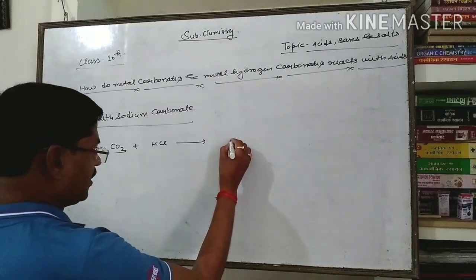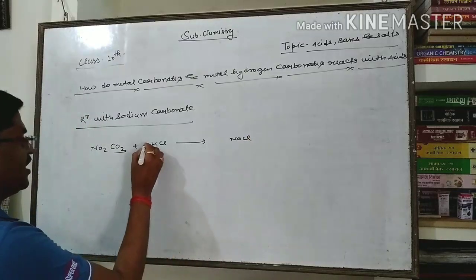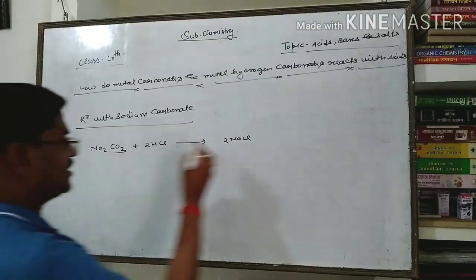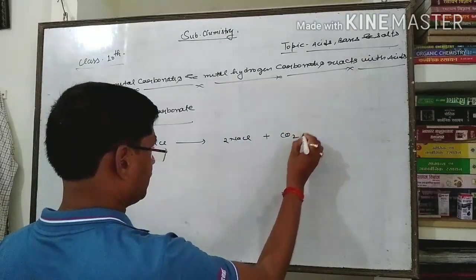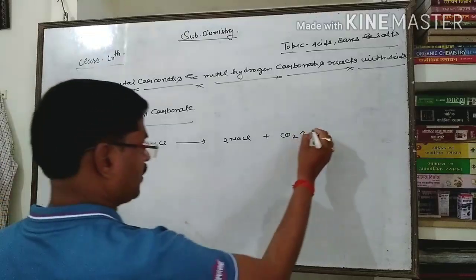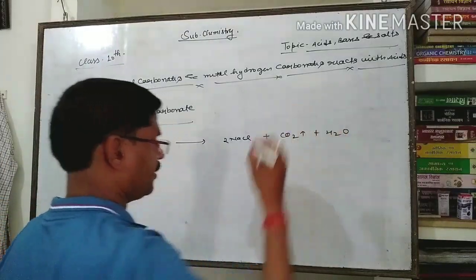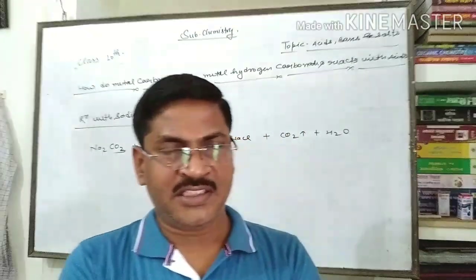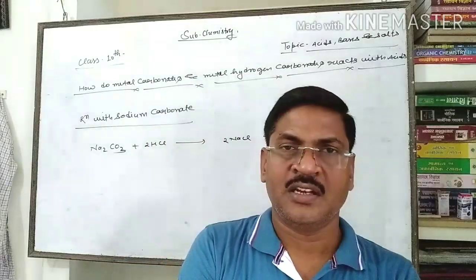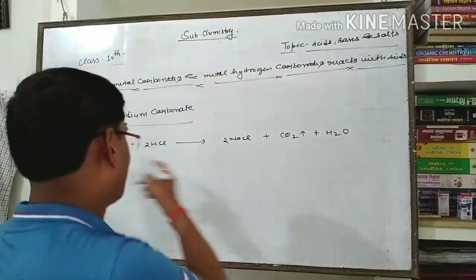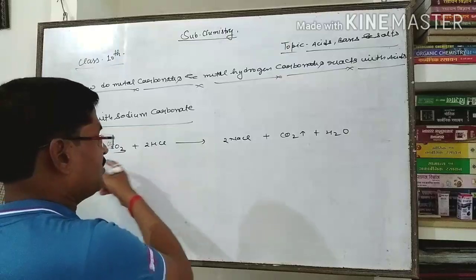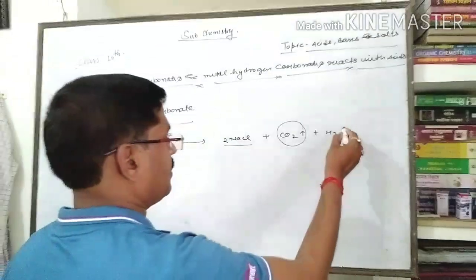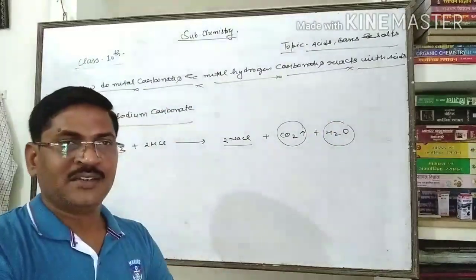So it will give NaCl, which on balancing, I have to take 2 hydrochloric acid molecules, so it will give 2 NaCl. After that, it liberates CO2 gas with formation of water. It means that whenever any metal carbonate reacts with acids, it gives the respective salt, liberates carbon dioxide gas, and water is formed in the form of vapor.